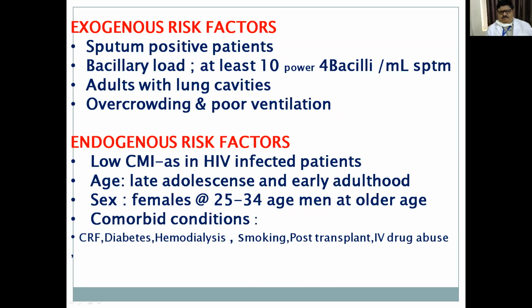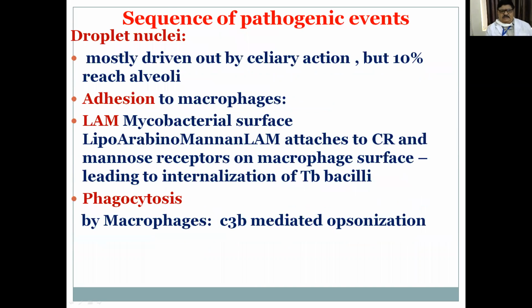And comorbid conditions like chronic renal failure, diabetes, hemodialysis, smoking, post-transplant. Why post-transplant? Because you are using immunosuppressive drugs. And intravenous drug abuse. All these people are susceptible, and these are endogenous risk factors.